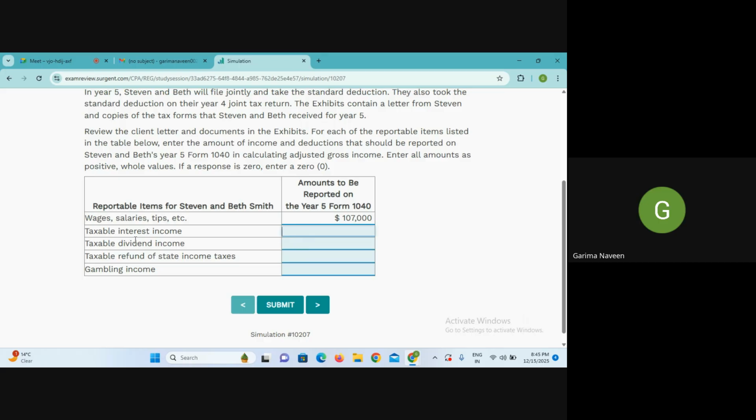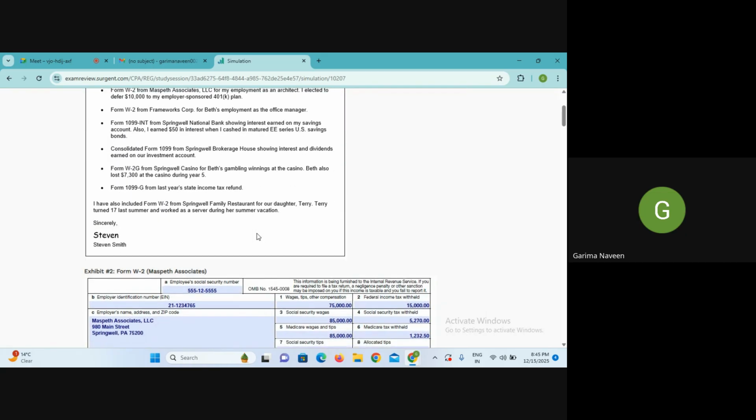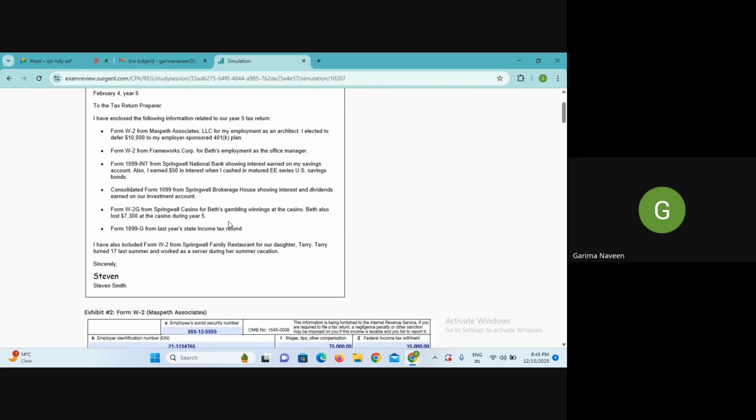Next is taxable interest income. What will be their taxable interest income? The information about interest given is a 1099 interest from Springwell National Bank on my savings account. I'll also earn $50 in interest when I cashed in matured EE series US savings bonds.